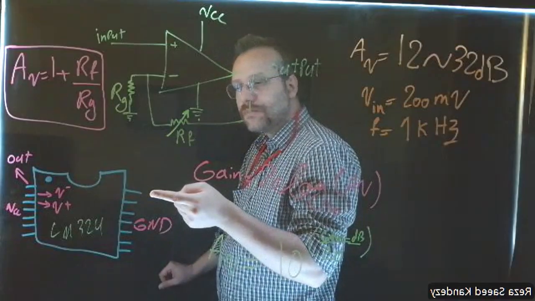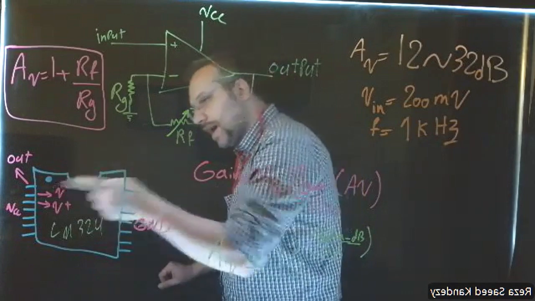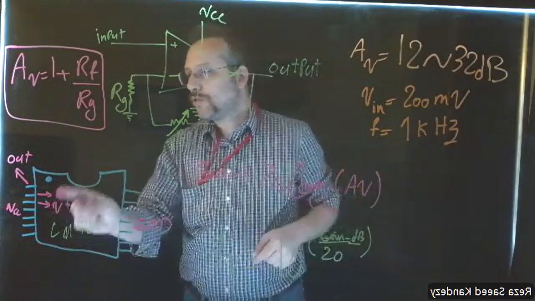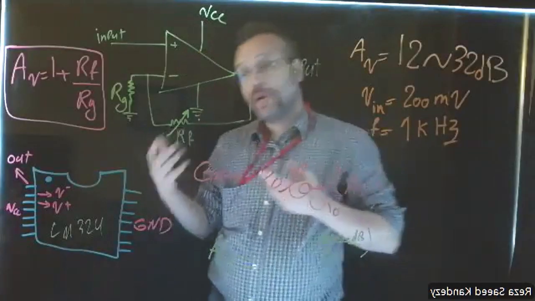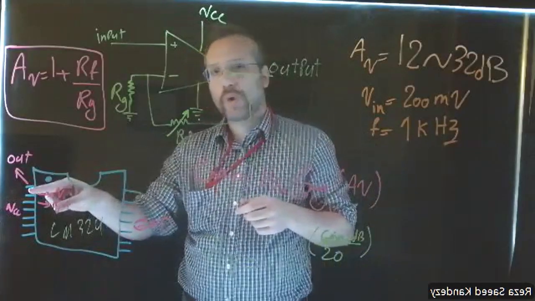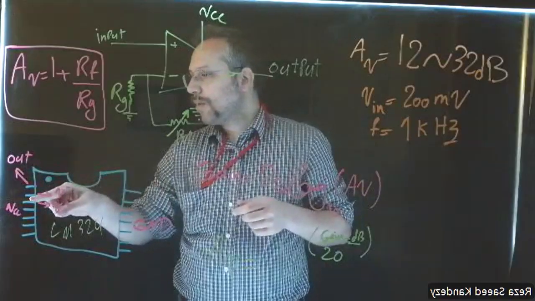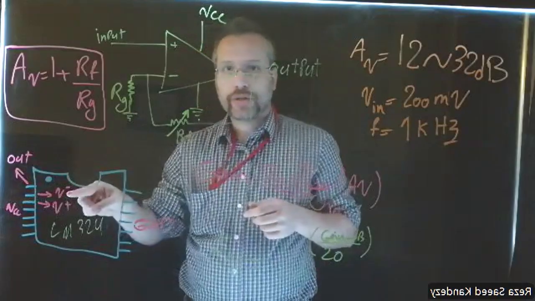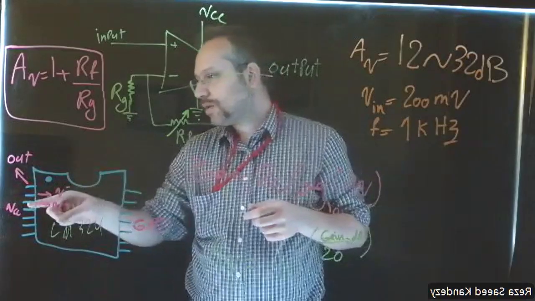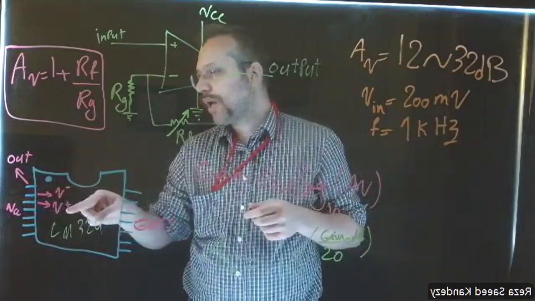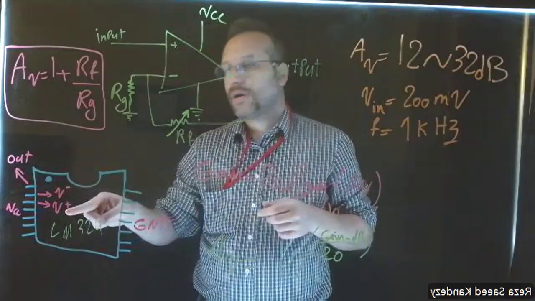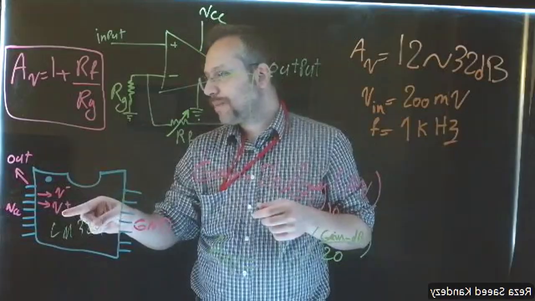Okay, now, as we said, we are going to use the first amplifier. So we know pin number 1 is going to be the output of this amplifier. Pin number 2 is the inverting terminal of the amplifier. Number 3 is the non-inverting terminal of the amplifier.